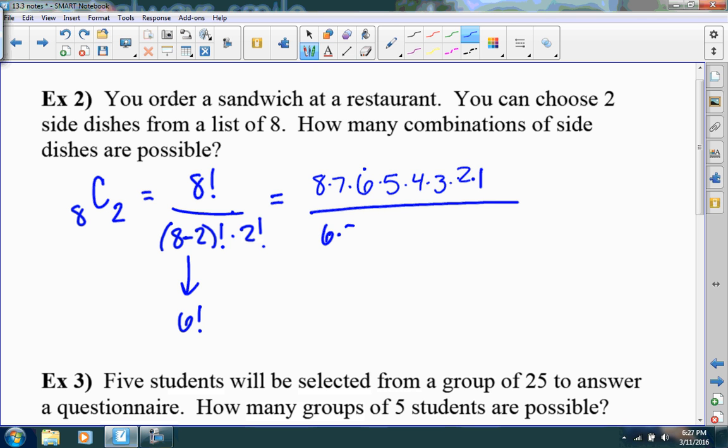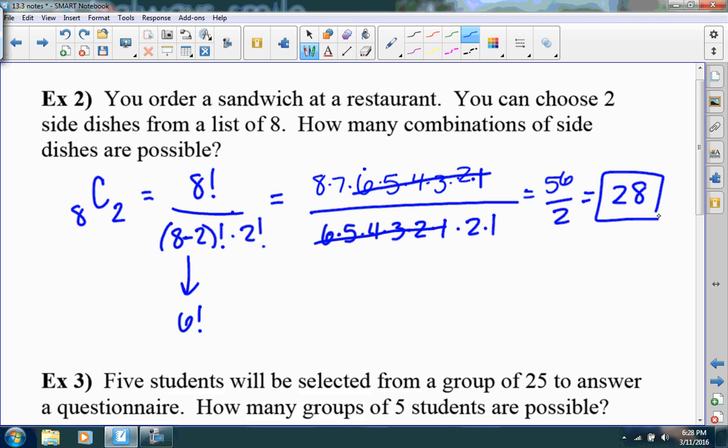So I'll have 6 times 5 times 4 times 3 times 2 times 1. And then we also have our 2 factorial, another 2 times 1. So I can cancel the 6, 5, 4, 3, 2, 1 with the 6, 5, 4, 3, 2, 1. And then if I multiply across here, I'll have 56 over 2, and that will get us 28. So there's 28 different ways that you could pick your side dishes to go with your sandwich.